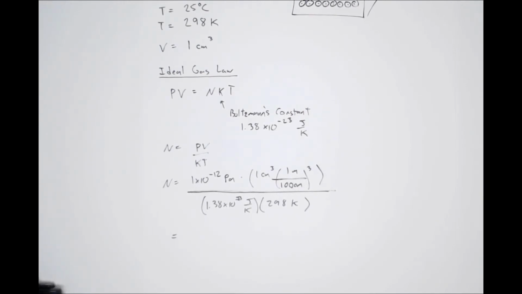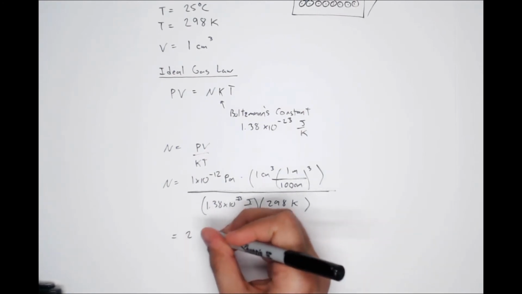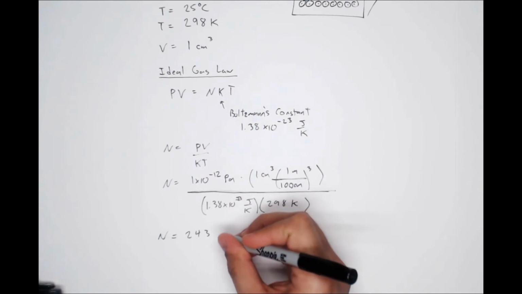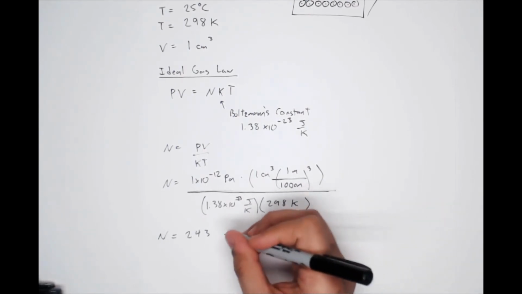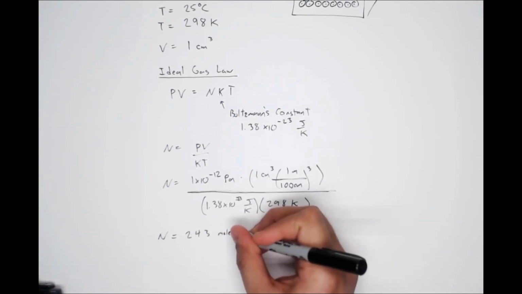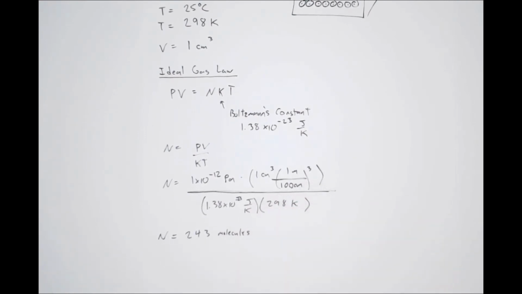Okay, and the answer comes out to be 243 molecules. Which is interesting. If you consider that normally you have an epically large number in a typical sample of gas, you can have somewhere near Avogadro's number, 10^23 molecules.